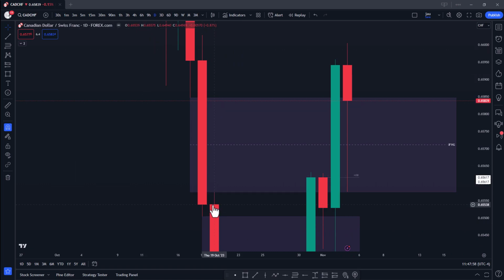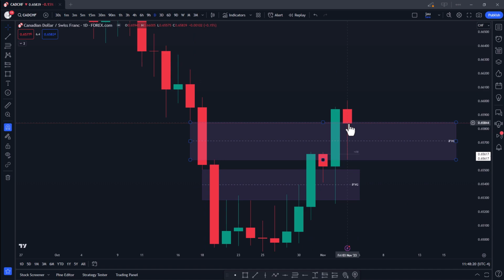The high of this candle is 0.65575, and then the low of this candle, again looking up there, is 0.65575. So we got an immediate rebalance, an immediate rejection off of this inversion fair value gap.